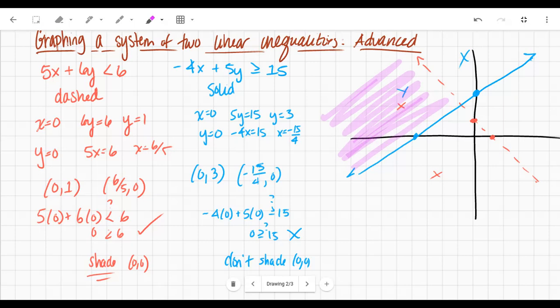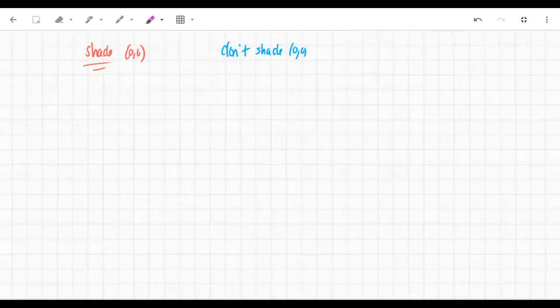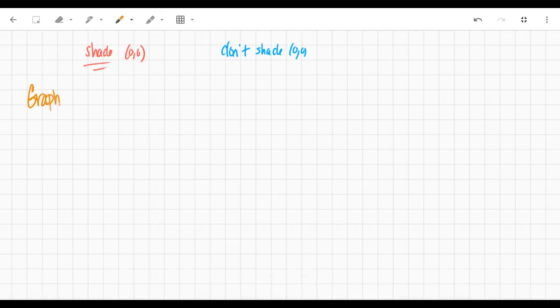We have graphing a system of 3 linear inequalities. Okay, so we want the overlap now of 3.